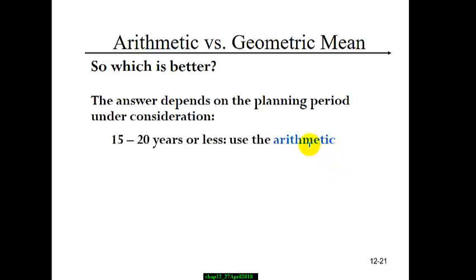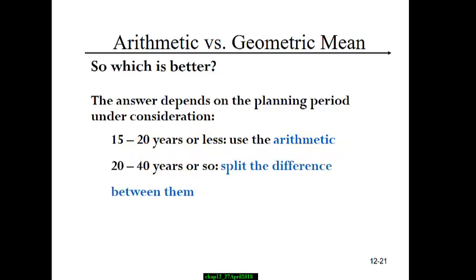Generally, for short-term investment of less than 20 years, we recommend the arithmetic average. For the longer term, 40 years and above, we use the geometric average to consider the compounding effect. For an investment horizon between 20 and 40 years, we tend to use a mixture of both.